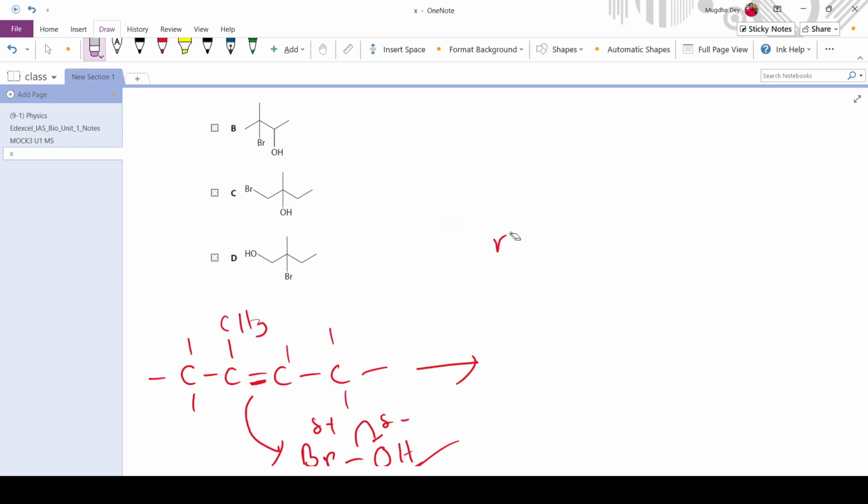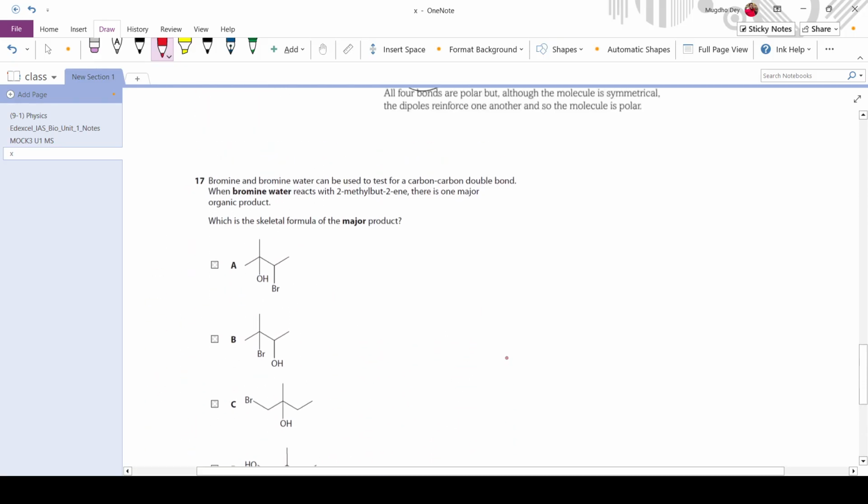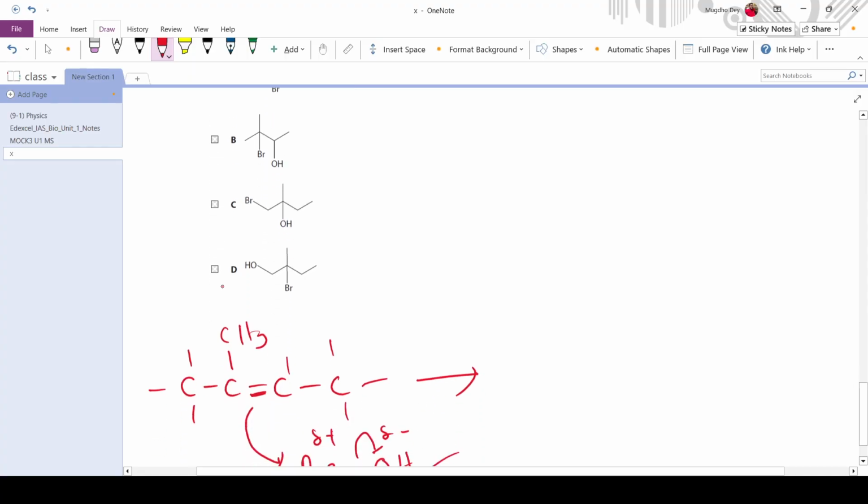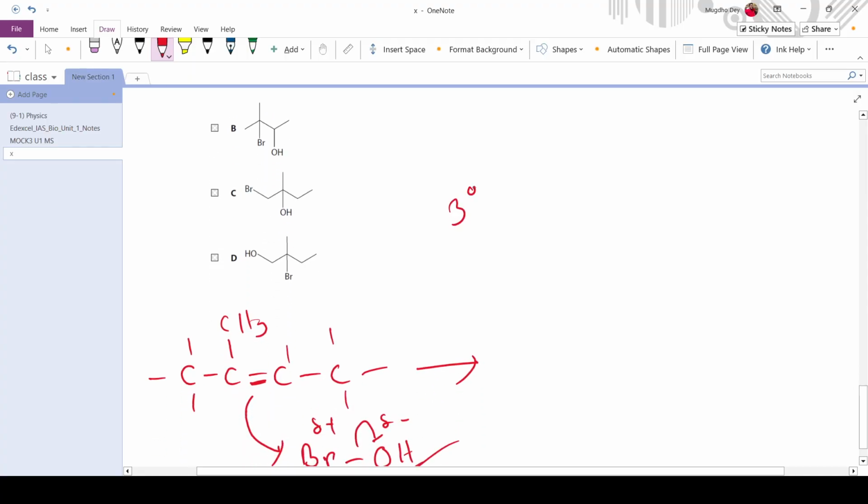Now, moving on, again they said here major product, right? Now we know the major product is produced according to the stability of the carbocation. Two carbocations may be produced.